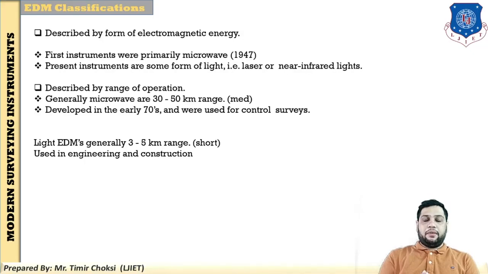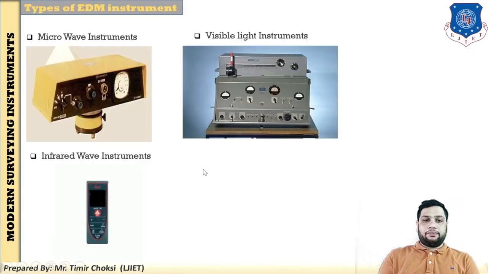By range of operation, microwave is generally 30 to 50 kilometers. Similarly, light EDM is a visible light instrument, generally 3 to 5 kilometer range. These instruments are used in engineering and construction. Now, the next types of EDM instrument: first is the microwave instrument, then the visible light instrument, and the infrared wave instrument.